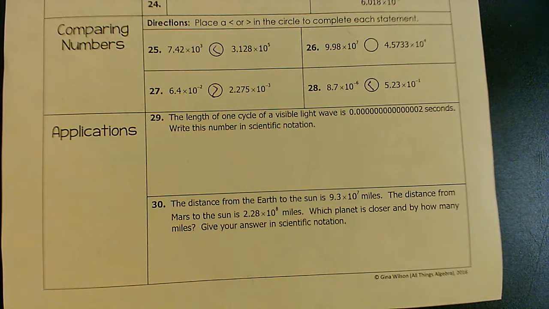Earth is closer. But here's the next part. By how many miles? So now what you got to do is take 128 million, subtract 93 million. Someone should be doing that on a calculator right about now.